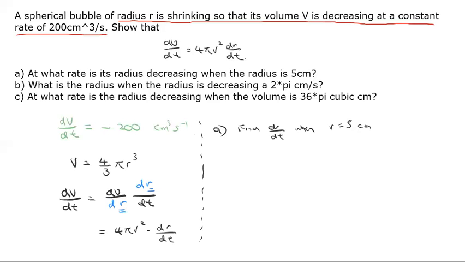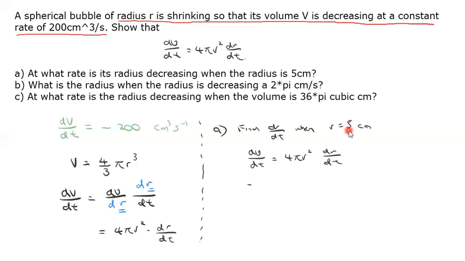All right. So then, we use the relationship we already have. We know dv dt equals 4 pi r squared dr dt. But we know from here that dv dt is negative 200. And we know from here that r is 5.